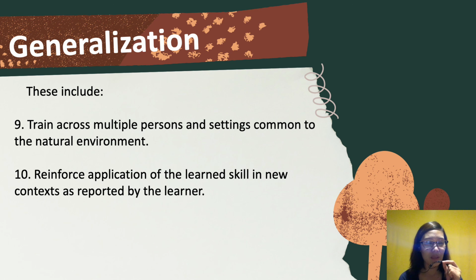So it is necessary to practice or to reinforce, to give opportunity for the child to practice the newly learned skill in other situations or scenarios, so the child can really practice and master the learned skill.